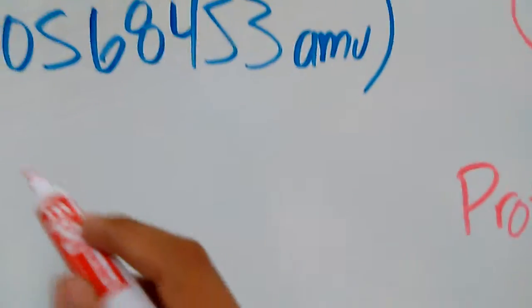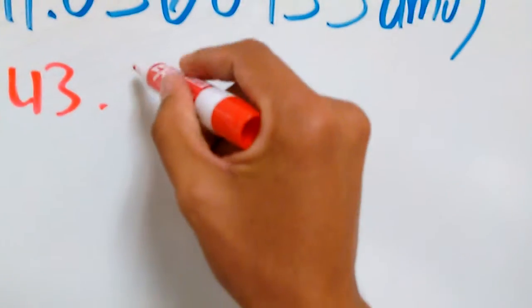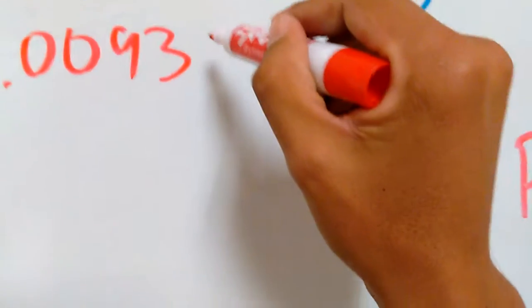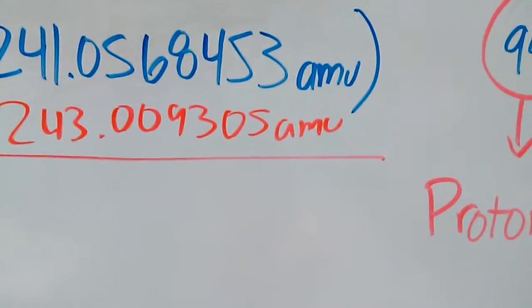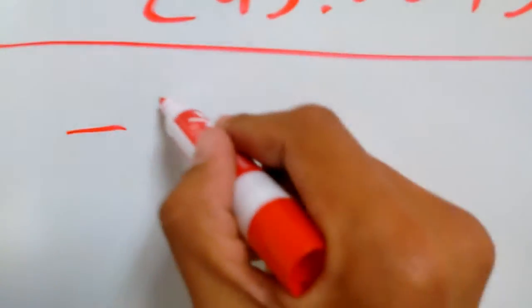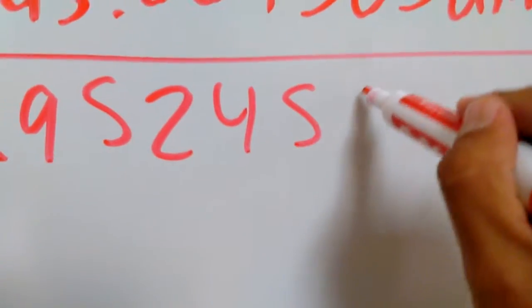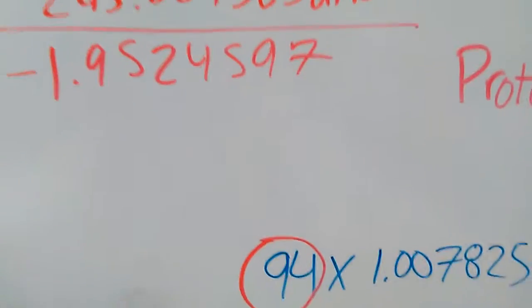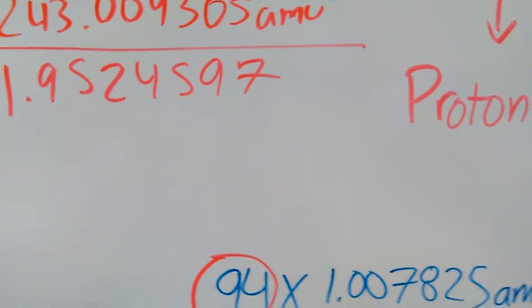So it's going to be minus 243.0093005 atomic mass units. Once you subtract both of these, your answer should be negative 1.9524597. All right, so this is pretty much our mass defect.